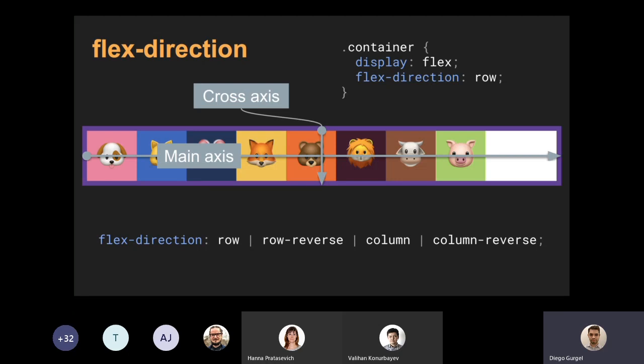It's really important for you to know that, because certain properties will also have the result based on the axis. So sometimes you change something and it's not behaving like you expected. But first of all, you have to see what direction is your main axis.